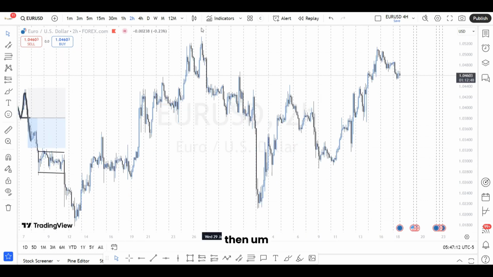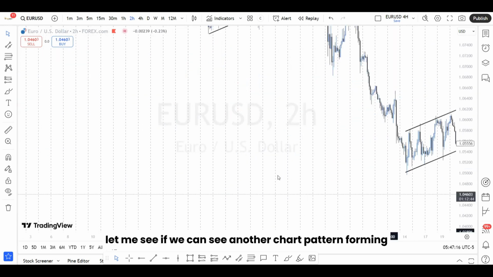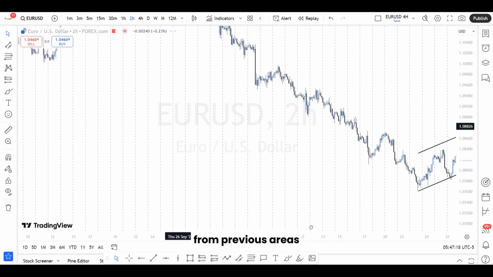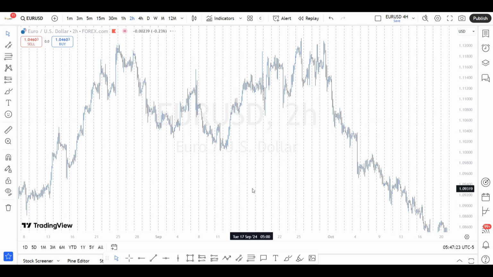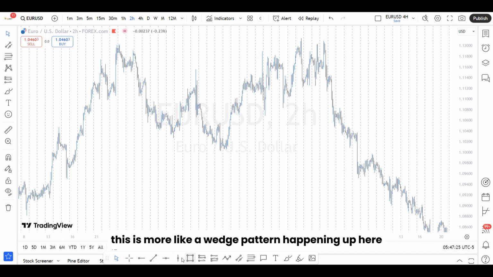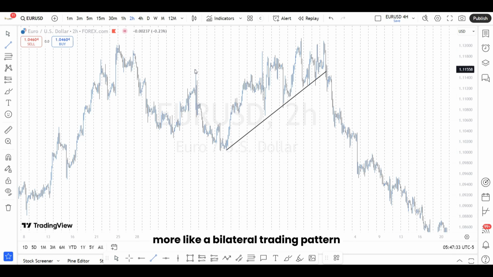Then let me see if we can see another chart pattern forming from previous areas. We can see this is more like a wedge pattern happening up here. So you can see the wedge pattern happening up here, more like a bilateral trading pattern.